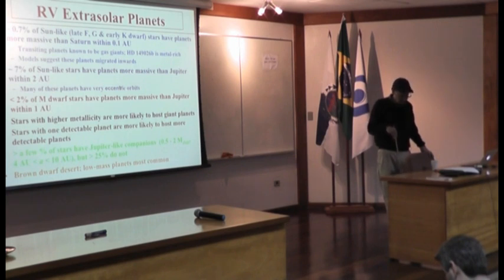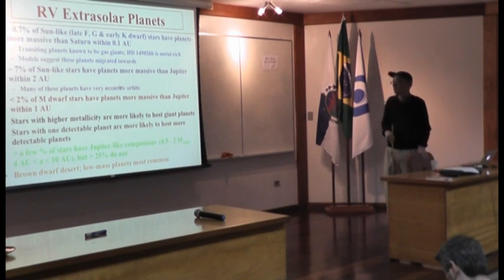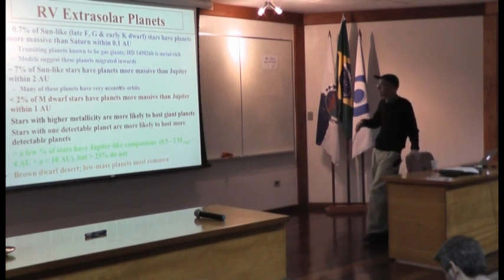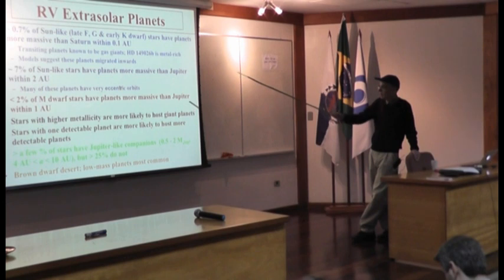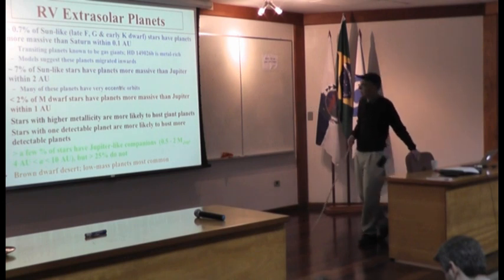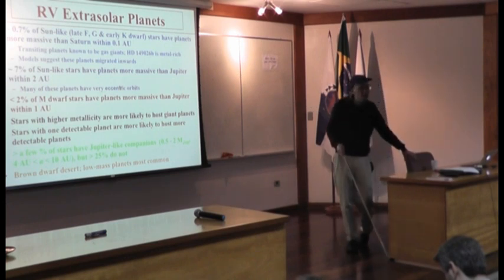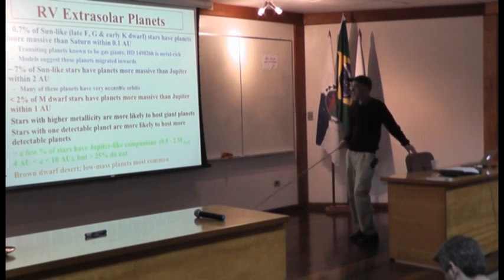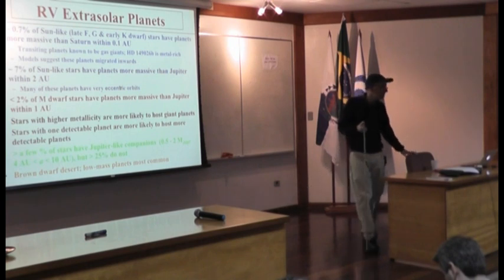It gives a little higher number than Kepler. And that's more massive than Saturn, less than 1/10 the distance from their stars than we are from our Sun. About 7% of stars, Sun-like stars, have planets more massive than Jupiter within 2 AU. And many of these planets have highly eccentric orbits.